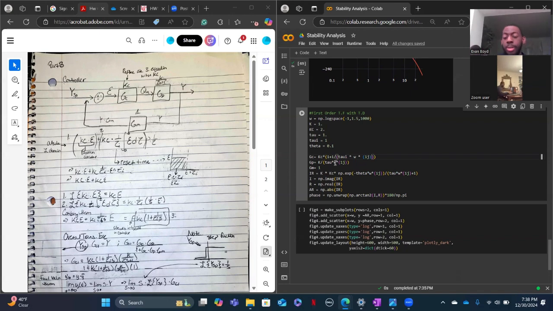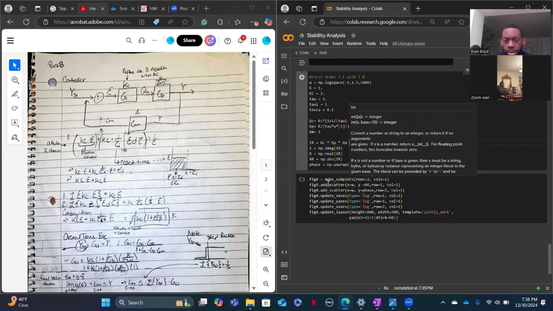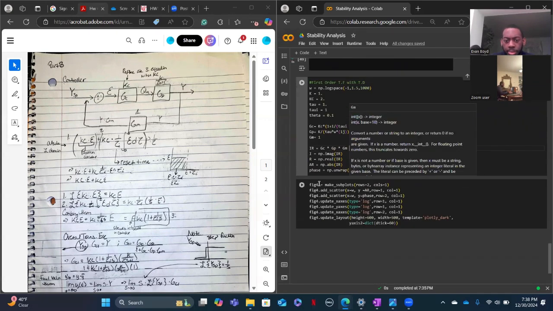From here we take all this out. Our IR is equal to GC times GP times GM. Everything else will stay the same. This will be figure 5.